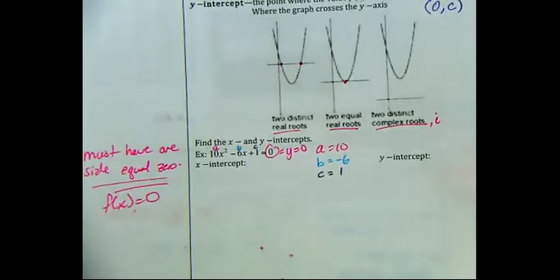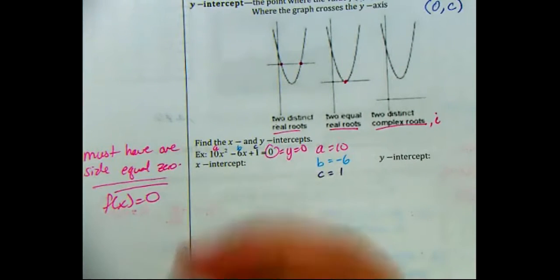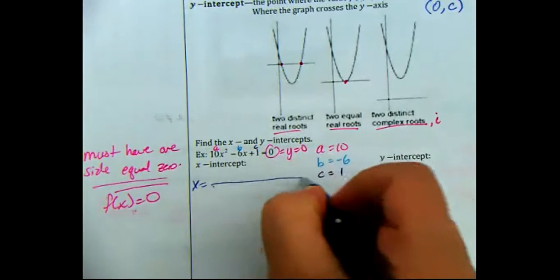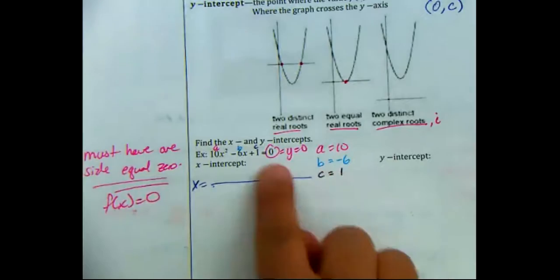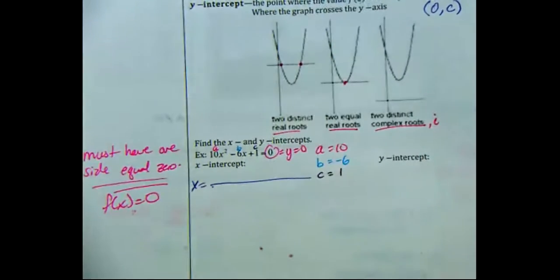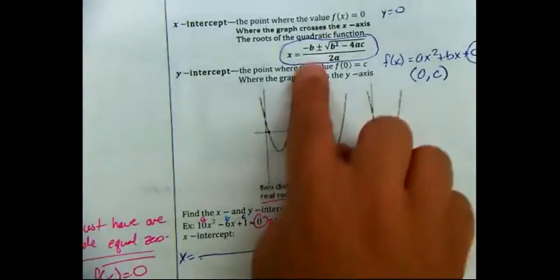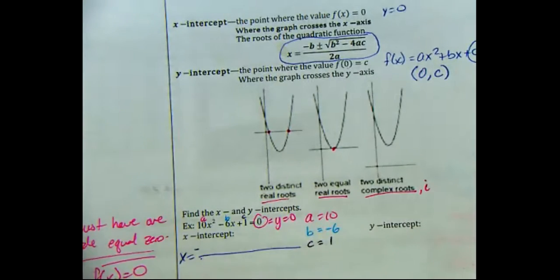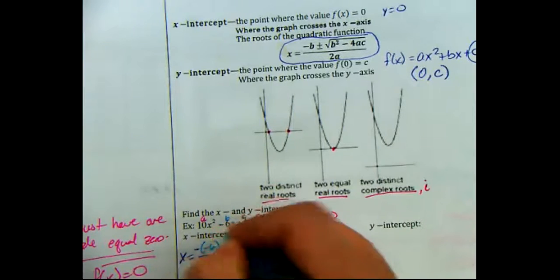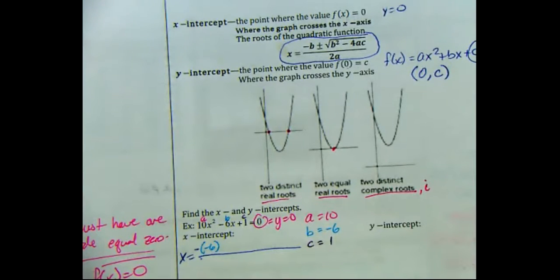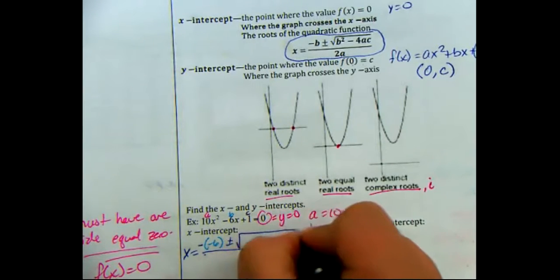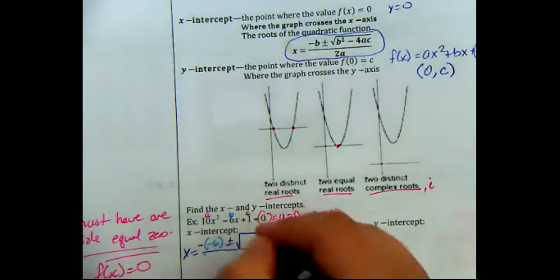So now we take our quadratic formula and we plug things in. Okay, so we will have x is equal to, with parentheses here, negative b. So this negative comes from the actual formula, and then I have my negative 6 as my b. And then I have plus or minus the square root of b squared.